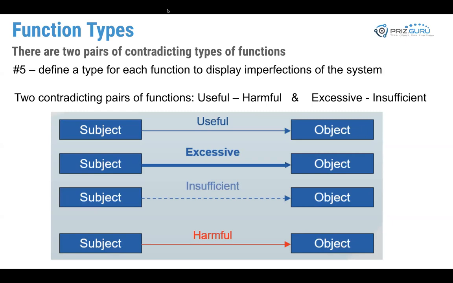And due to interaction of water with, I don't know, metal parts, tubes, pipes, corrosion occurs, and this is not a useful function. This is the harmful function. Again, these are two types: the group of useful functions and the harmful function.